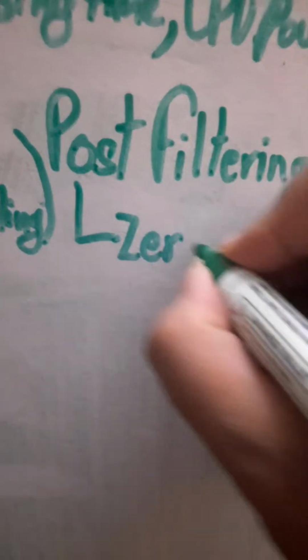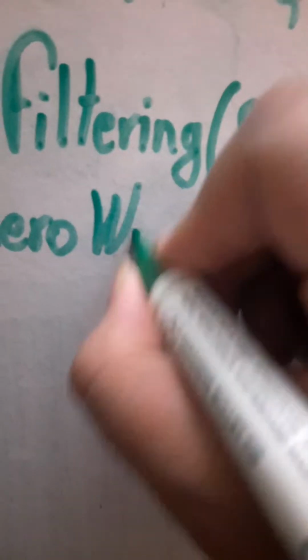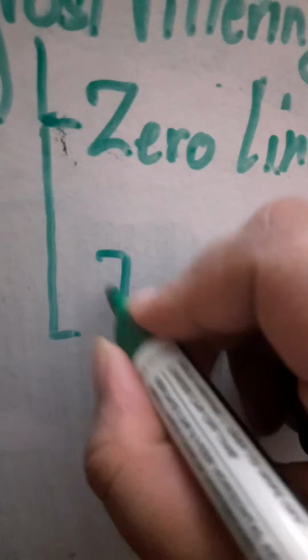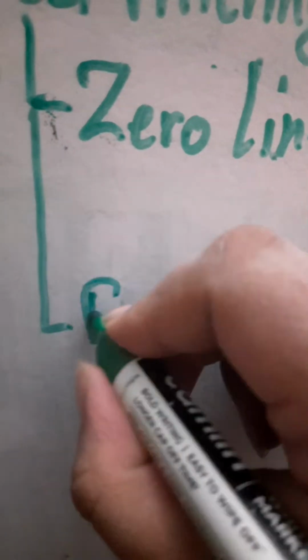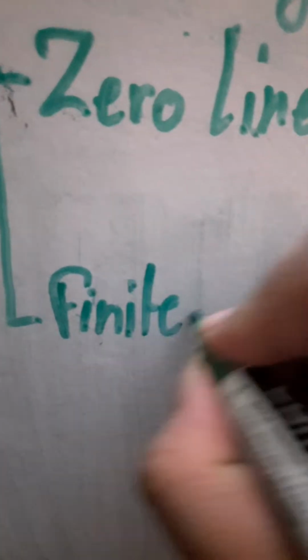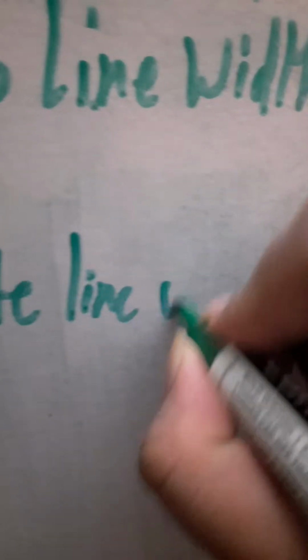Also, there are some types in this, which are called zero width line, then finite line width, something like that, I guess.